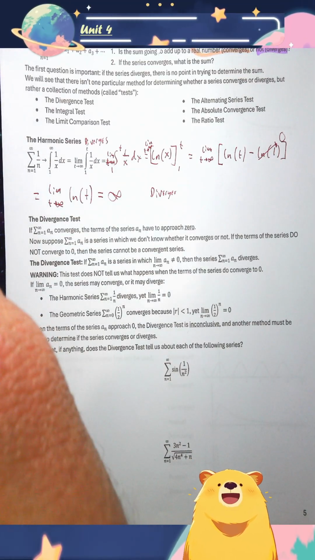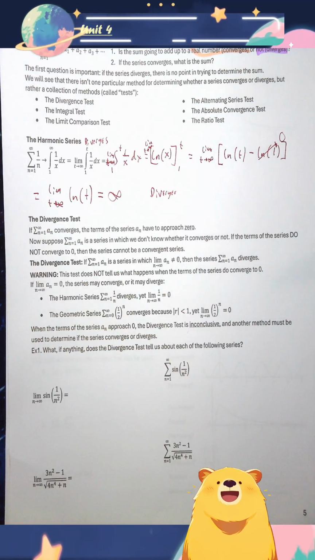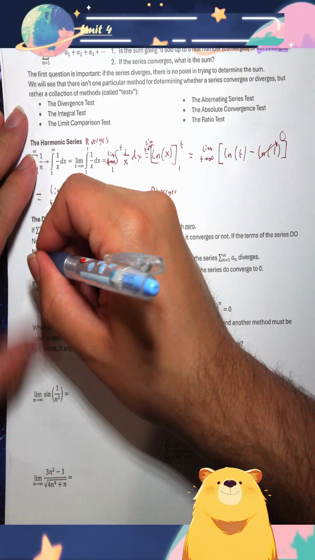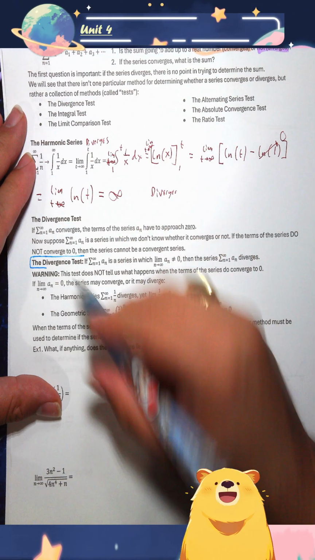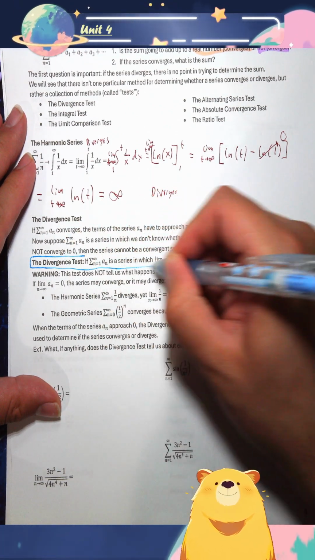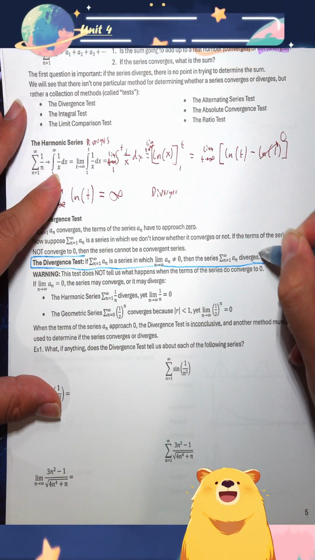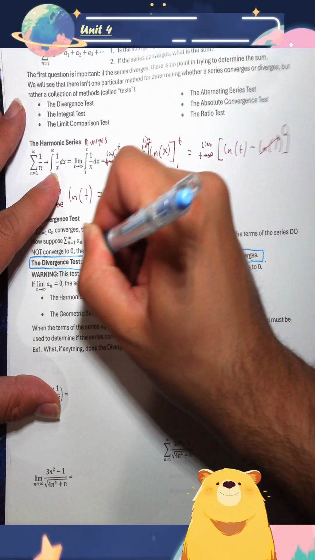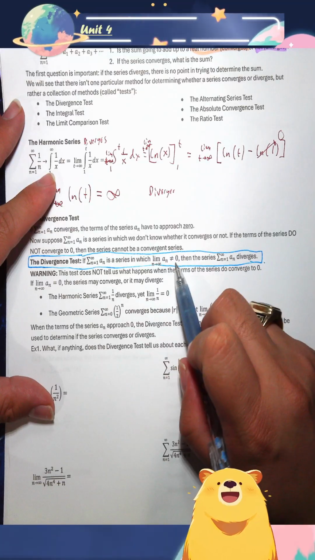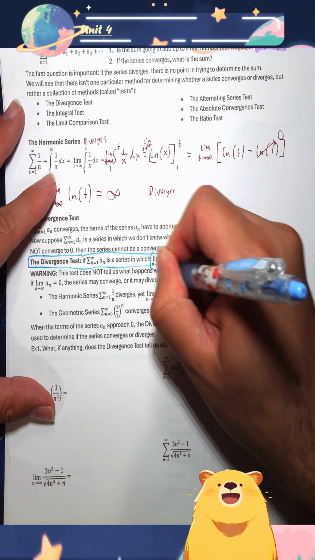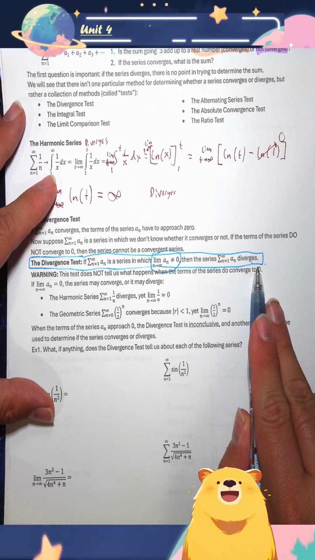So, the divergence test reads as follows. This reads, if the sum is a series in which the limit of what's inside the series as n goes to infinity does not equal 0, then the series diverges.